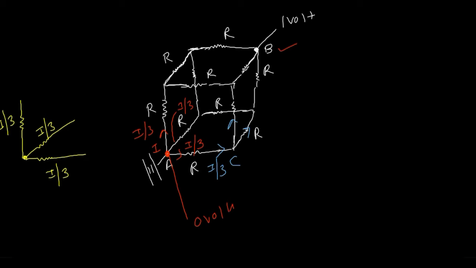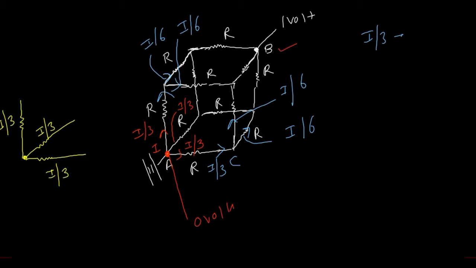Again by symmetry, here the current that enters is I by 6 and again I by 6. And the current which is moving here is I by 3 again, and it has two choices, so it becomes I by 6 and this also becomes I by 6. So I by 3 is I by 6 plus I by 6.